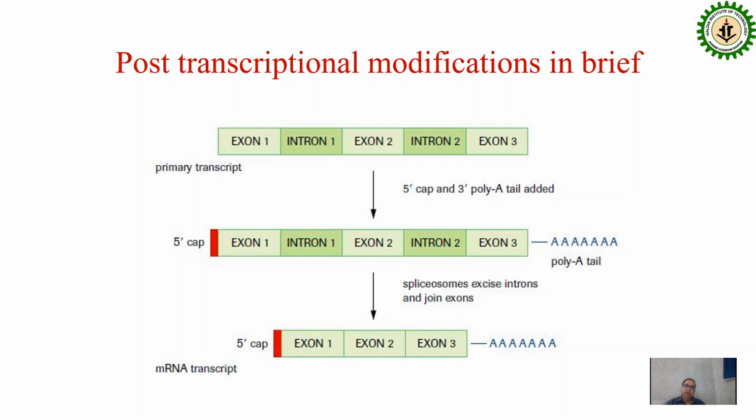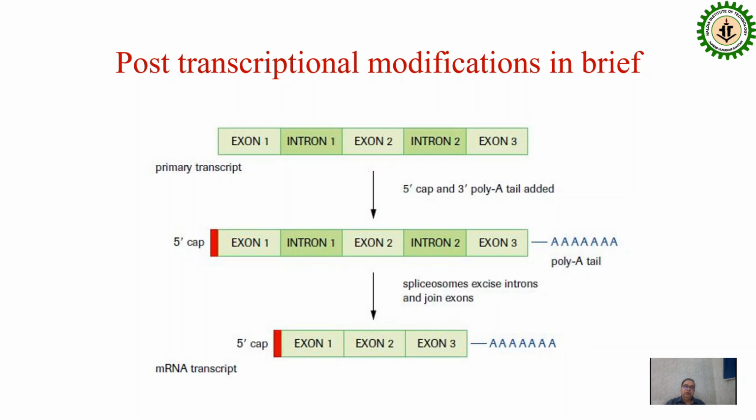Actually, what happens in the cell also, while each nucleotide is added to the RNA, from the other side it starts degrading. So in order to impart stability to the RNA molecule, this capping is necessary, one in the 5' end, another in the 3' end.